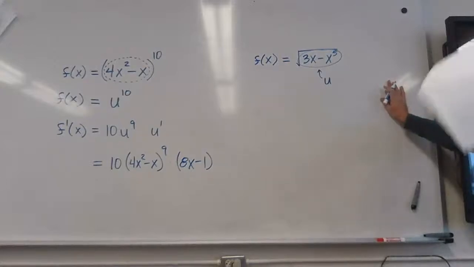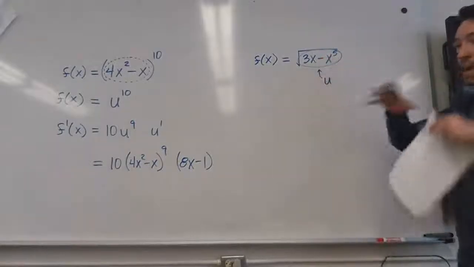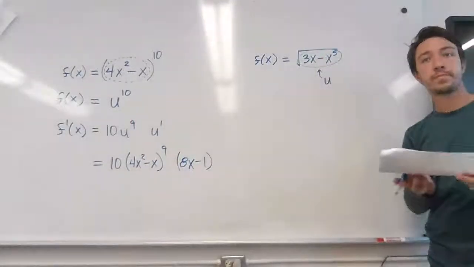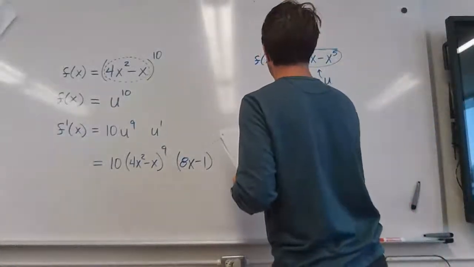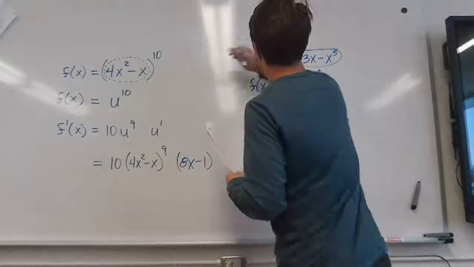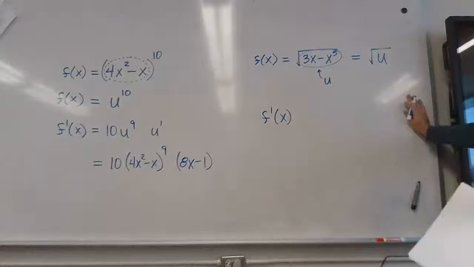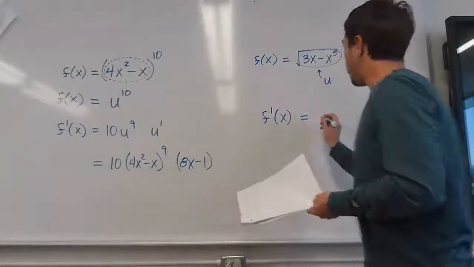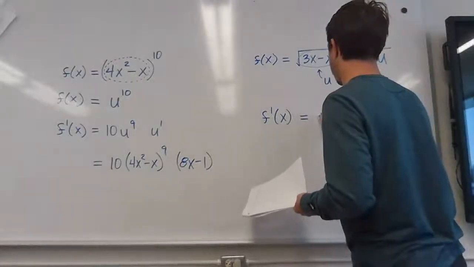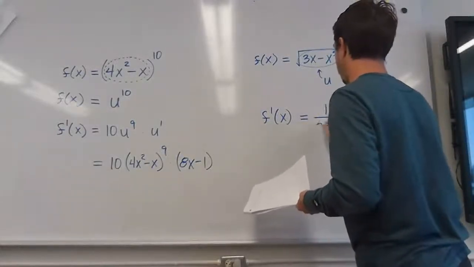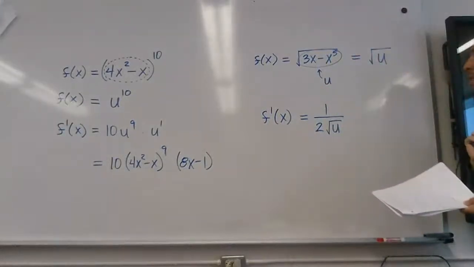By the way, the inside function, the little function, is this, and the outside function is just the square root function. So the derivative would be, I'm thinking of this as the square root of u. So what's the derivative of the square root of u? Over 2 root u? I was right. Understand that? Cool with that?